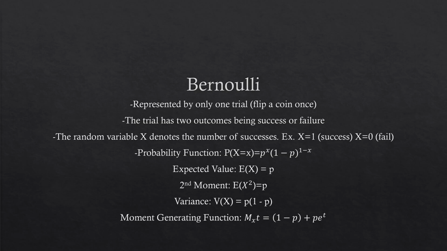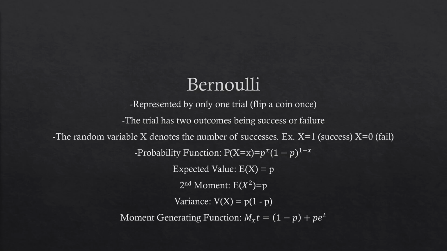Now the expected value for this one is just p, the second moment is just p as well, and the variance is going to be p multiplied by (1 minus p). And then finally, the moment generating function is M subscript X of t, which is equal to 1 minus p plus p e to the t. The expected value is the expected amount that you're going to get.